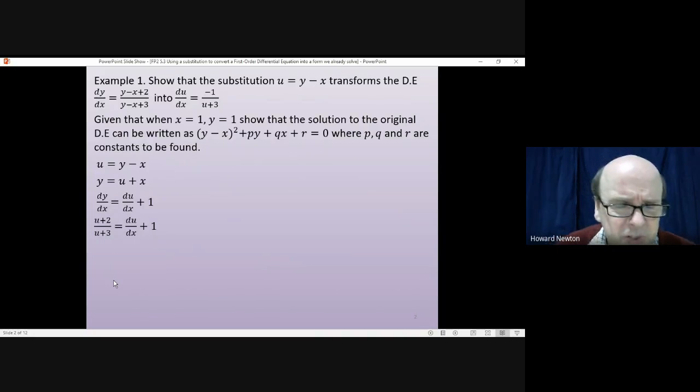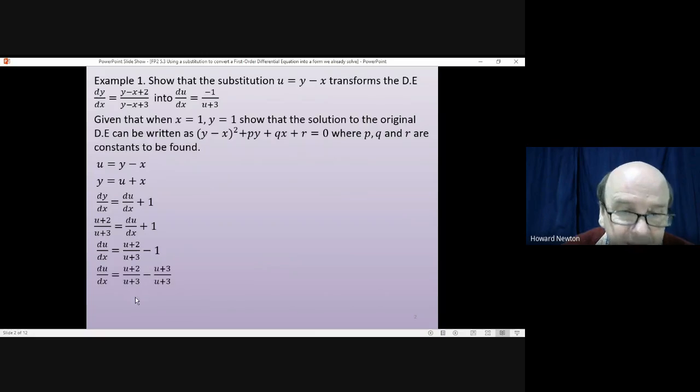Now we've got an equation which has u's in and du by dx's, but we still can't solve this differential equation. We just need to do a little bit of work on it first. So moving the du by dx over to this side and the fraction over to that side, and then using partial fractions to combine these two parts together.